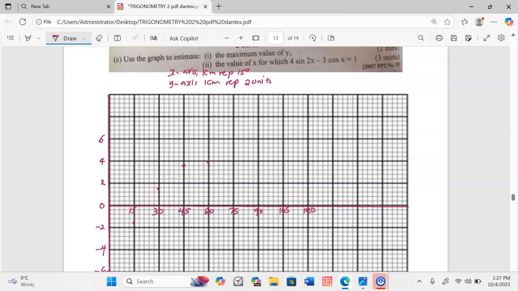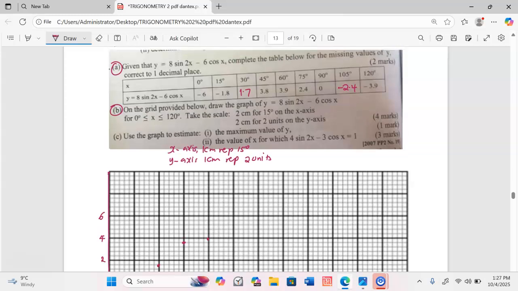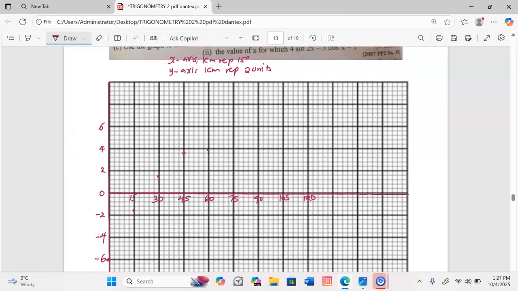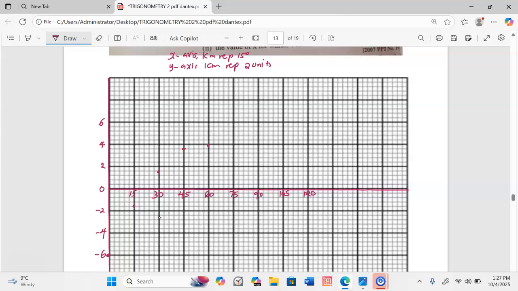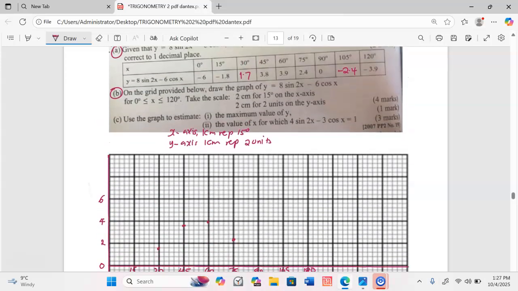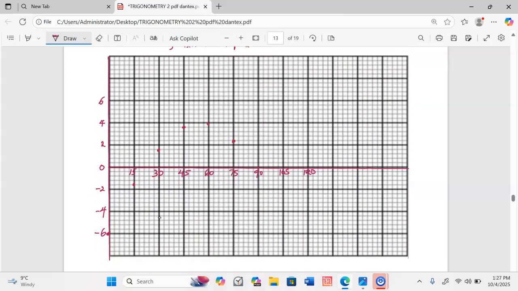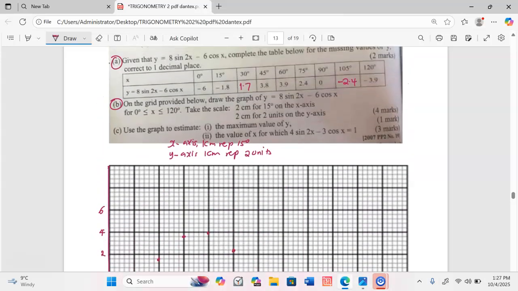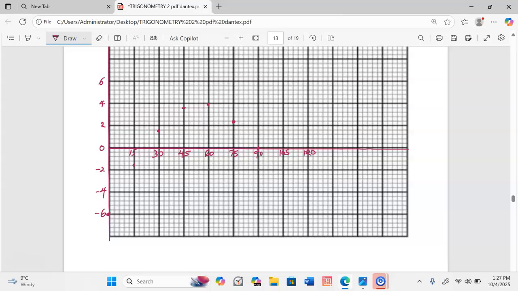At 75, we are going to have 2.4, at this point here. At 90, we are going to have 0. At 105, we are going to have negative 2.4. Negative 2.4 will be here.